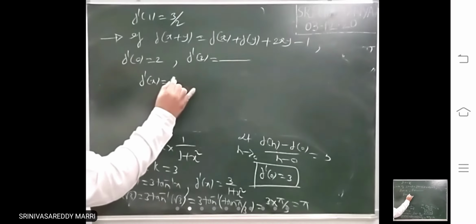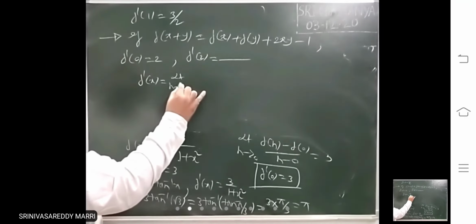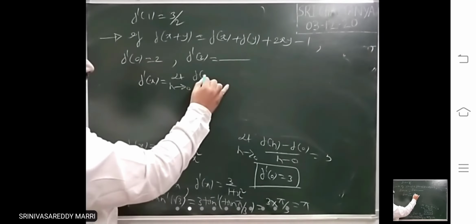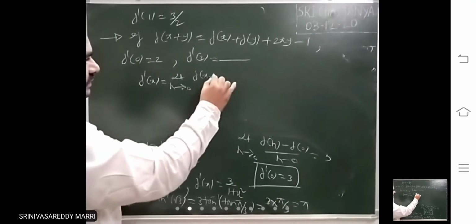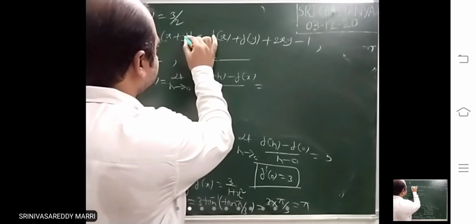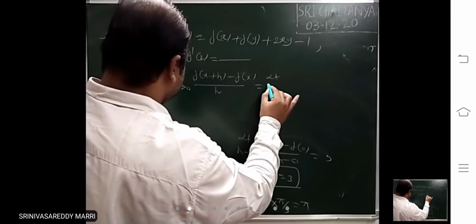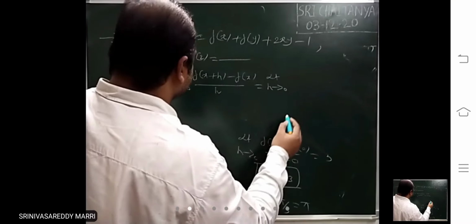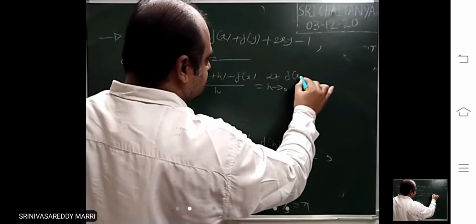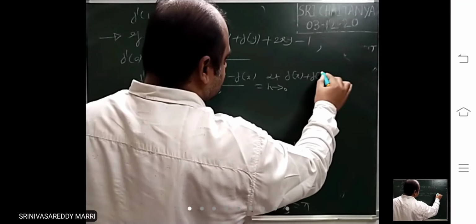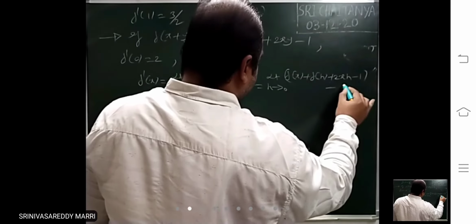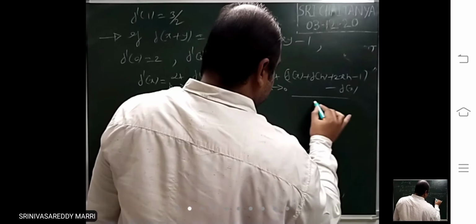The f dash x definition is limit h tends to 0, f of x plus h minus f of x divided by h.